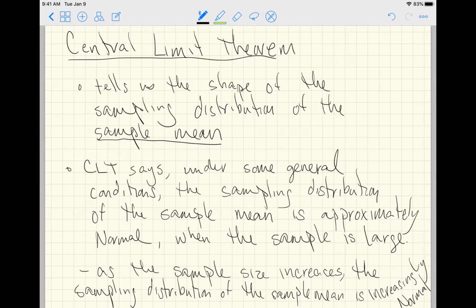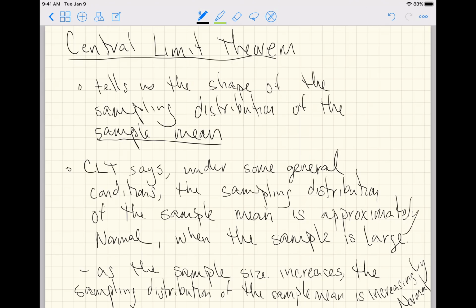That is, as your sample size gets larger, the more normal the sampling distribution is going to look. Only in this specific case do we understand the shape of the sampling distribution. Only for the sample mean do we understand the shape of the sampling distribution.